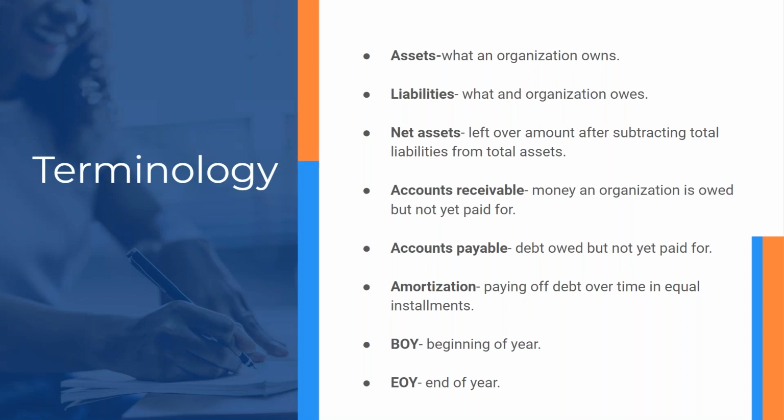Accounts receivable, which is money an organization is owed but not yet paid. Accounts payable, which is debt owed but not yet paid for. Amortization, which is paying off debt over time in equal installments. BOY, which stands for beginning of year, and EOY, which stands for end of year.